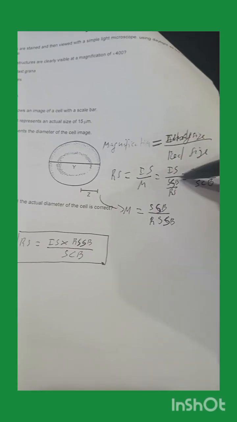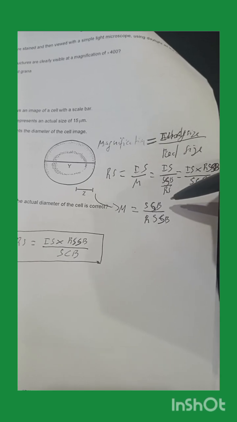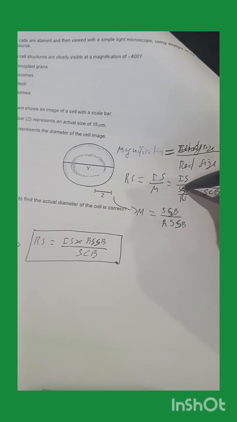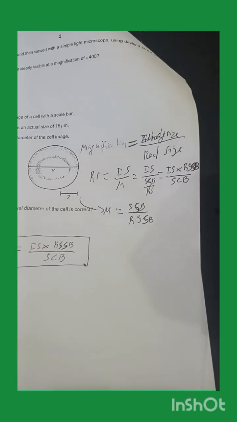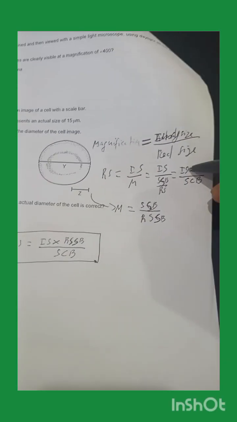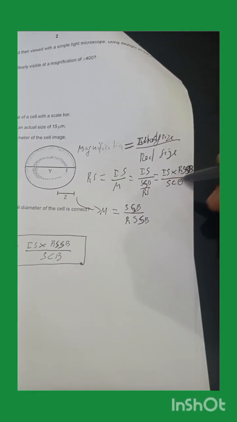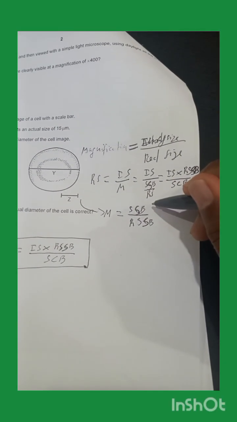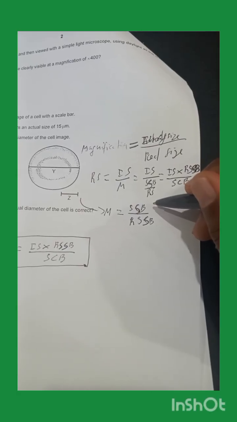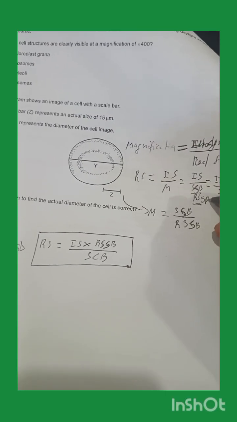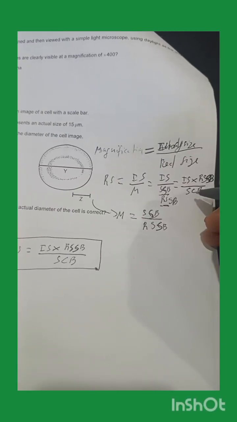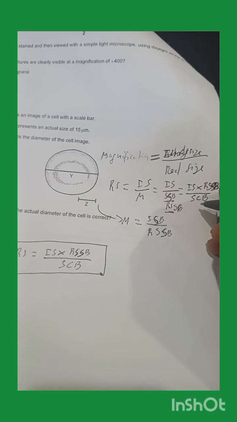Now this is actually a division. We want to make sure that this is a multiplication, so we're going to invert this fraction here. All right, you invert it, so it's going to be image size times, by inverting, real size of the scale bar, which is now here, over size of the scale bar.